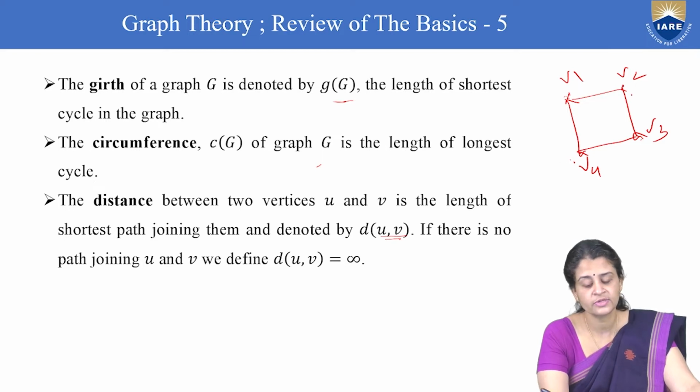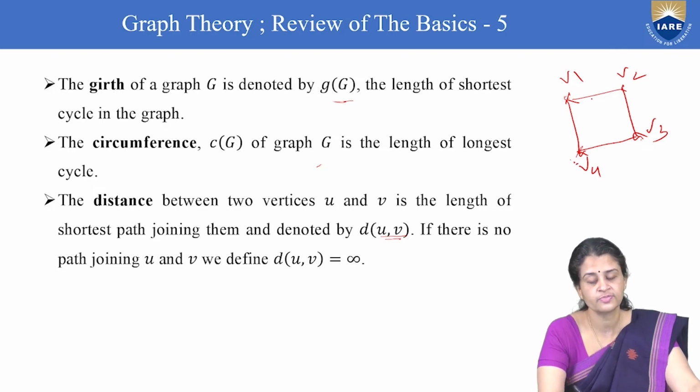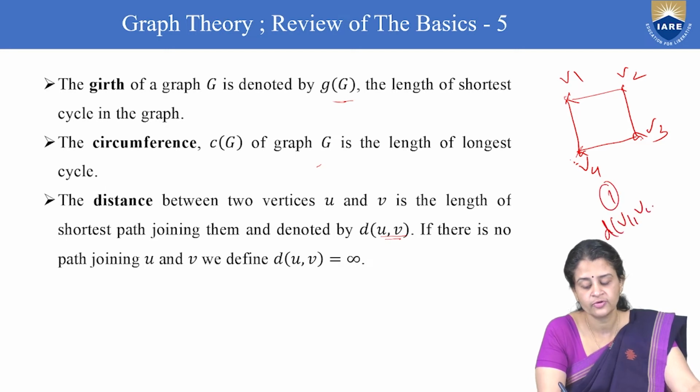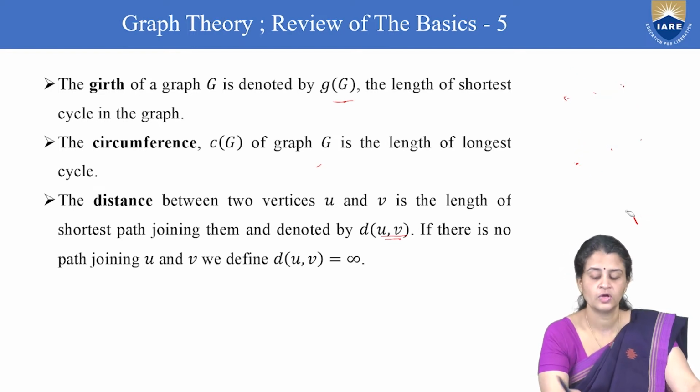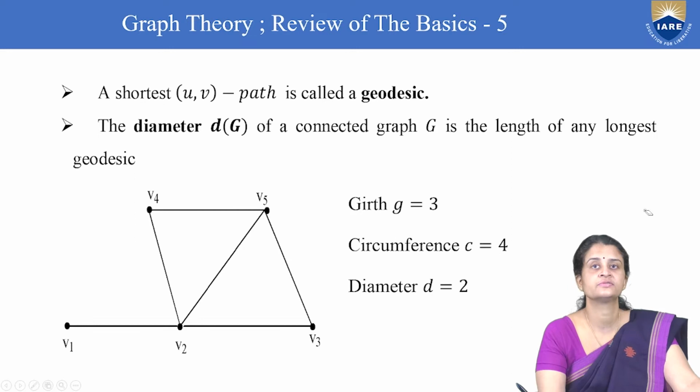Shortest path means this is the distance. So the distance between V1 and V4 is 1. Else I can take the other path, V1, V2, V3, V4, so that it will be 3. But distance means the length of the shortest path. It is 1.